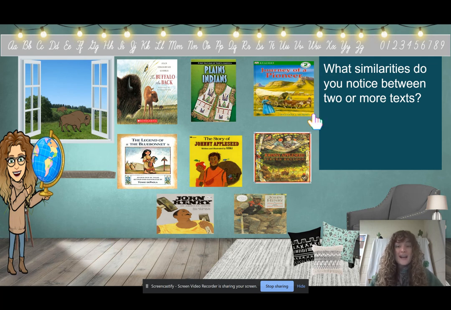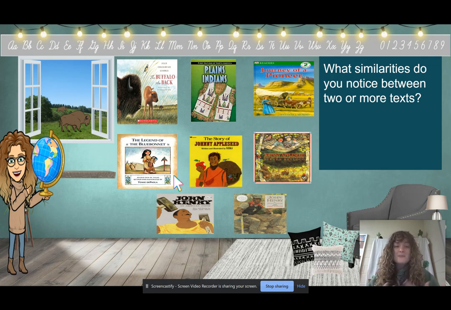In Journey of a Pioneer, our main character is Olivia Clark, who tells her story about traveling west on the Oregon Trail. In The Legend of the Blue Bonnet, the main character is She Who Is Alone, who makes a sacrifice to the great spirits to help her people have rain to grow crops again. So that is something that is similar between those 2 texts. Maybe you came up with a different similarity between those texts.